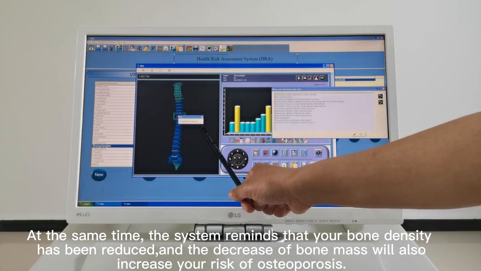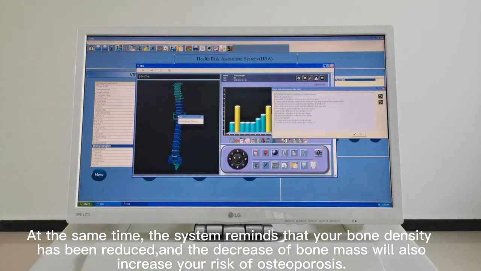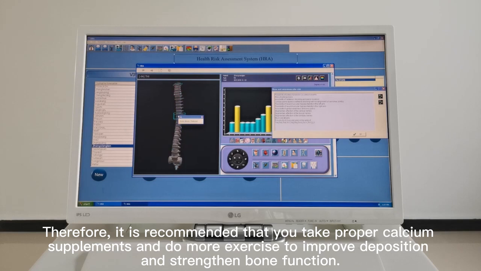The decrease of bone mass will also increase the risk of osteoporosis. Therefore, it is recommended that you take proper calcium supplements and do more exercise to improve deposition and strengthen bone function.